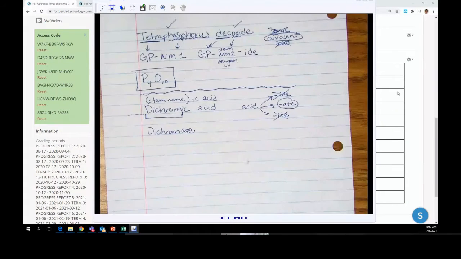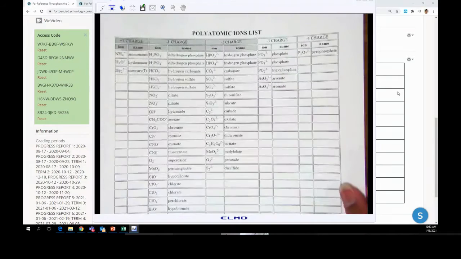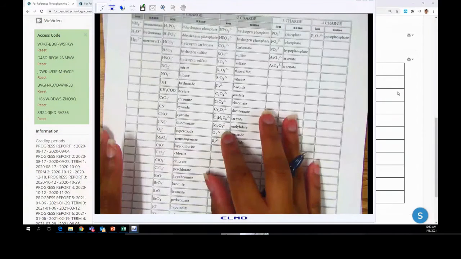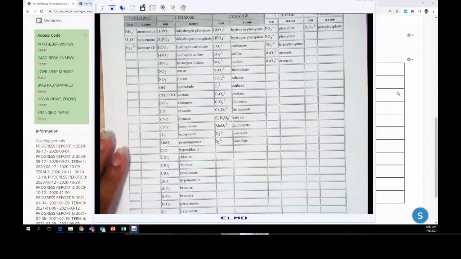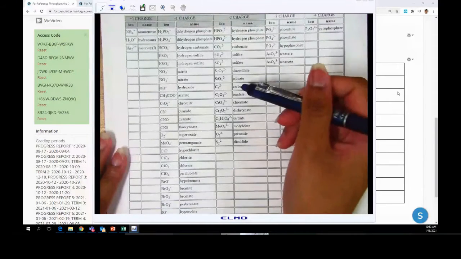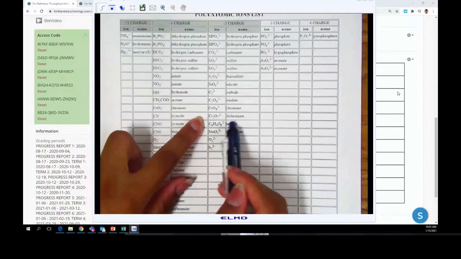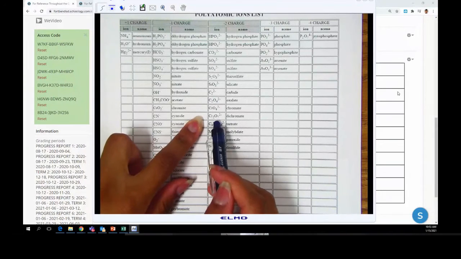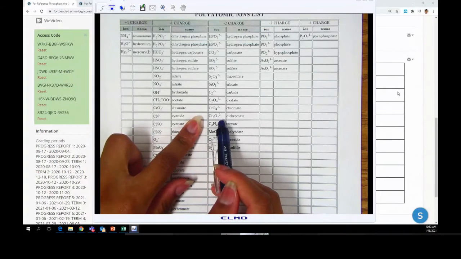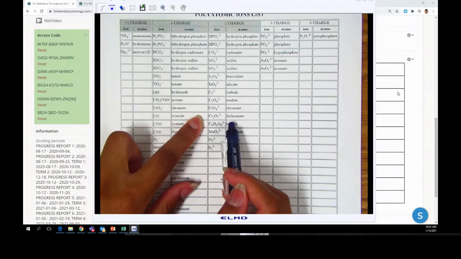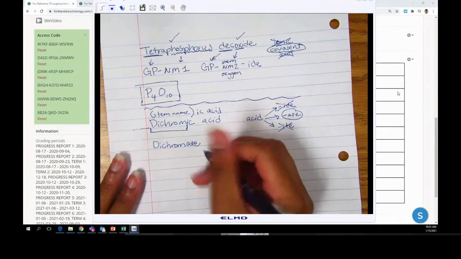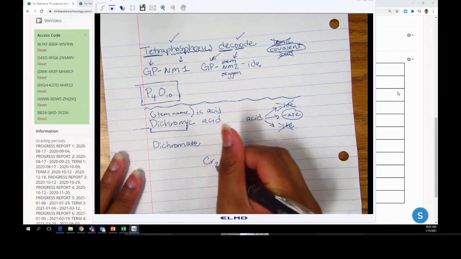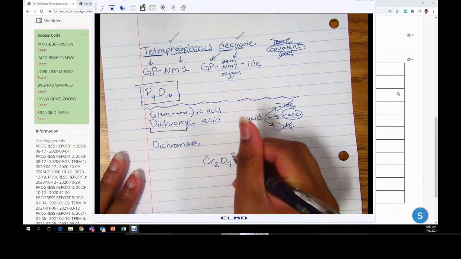We're going to have to locate it on the polyatomic ion chart. So dichromate is here. Right, and that's Cr2O7, and the charge is 2-. All right, we're going to hold on to that charge because we need to use it for something. Cr2O7, 2-.